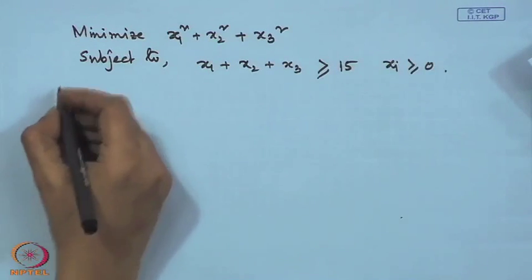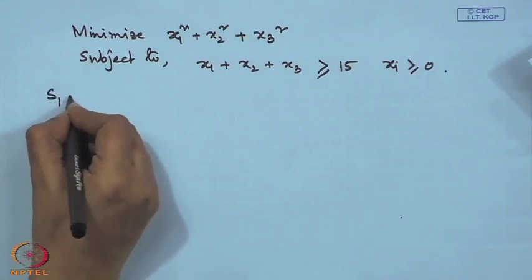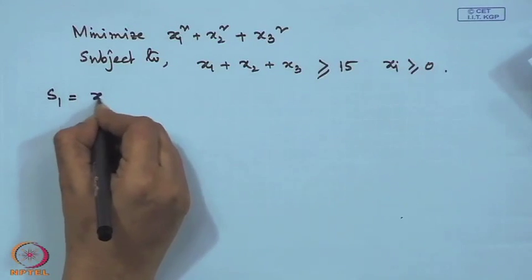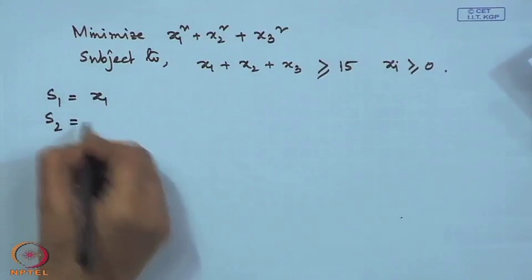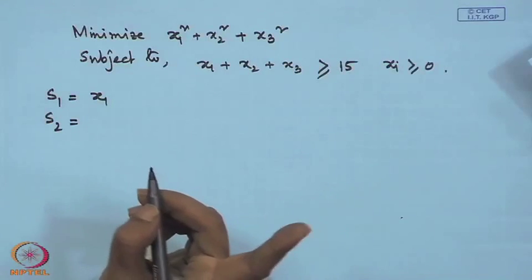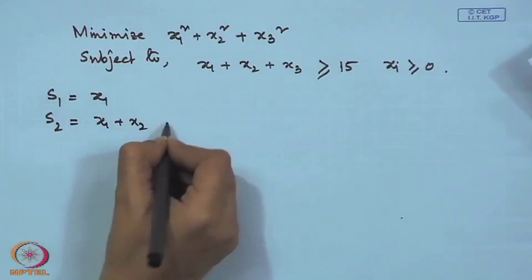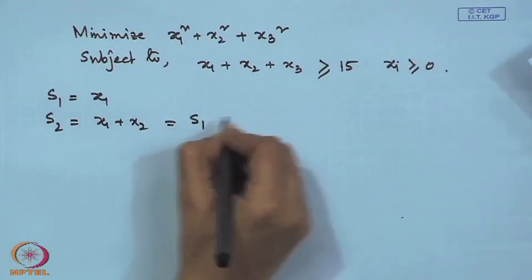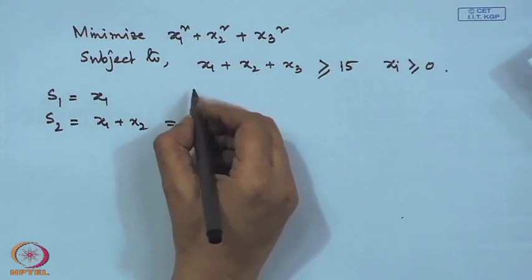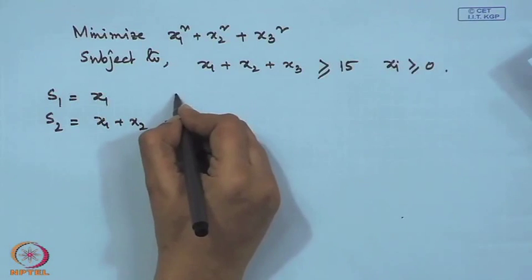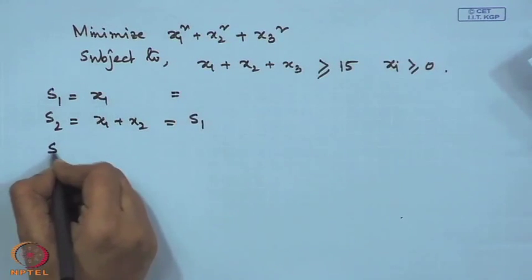Now, very quickly let me do the problem. Let us consider the first stage variable x1, and the second state variable S2, which is equal to x1 plus x2. The state transformation equations I will do later on.